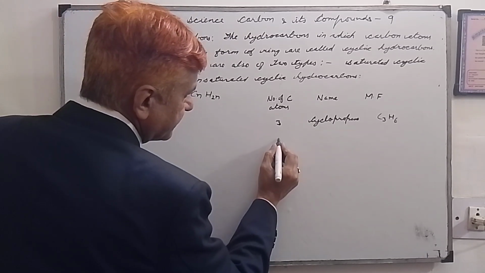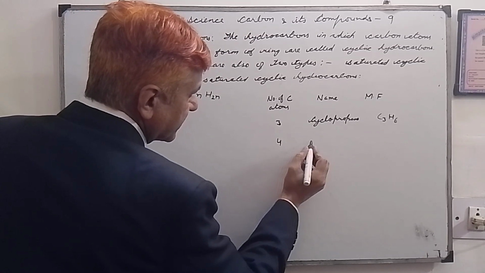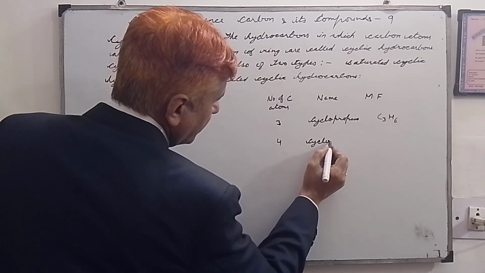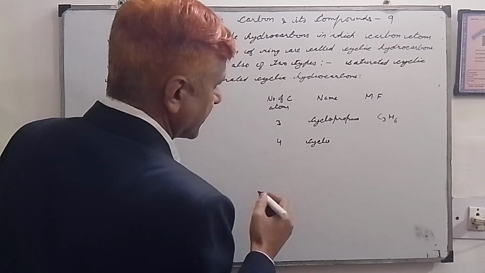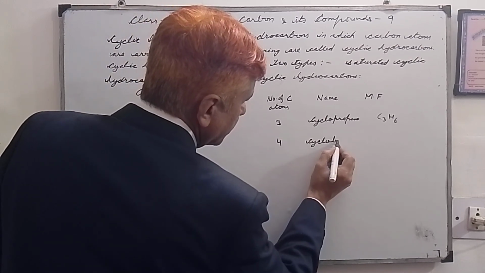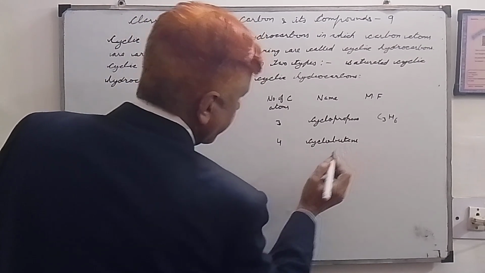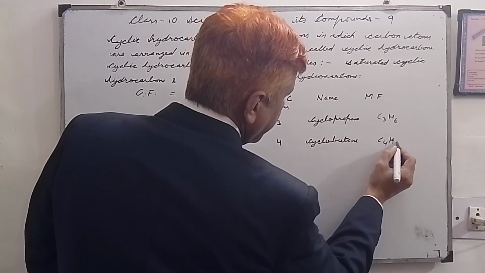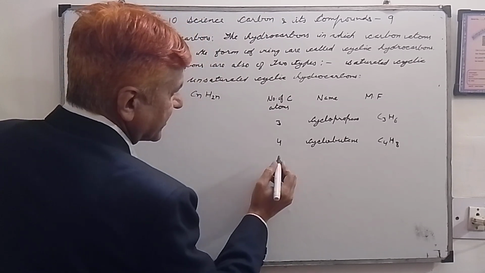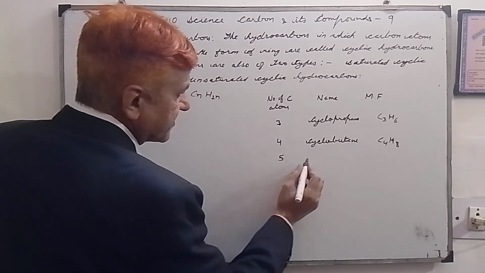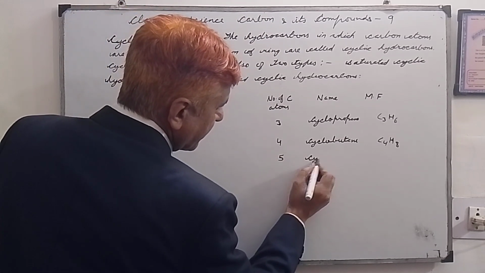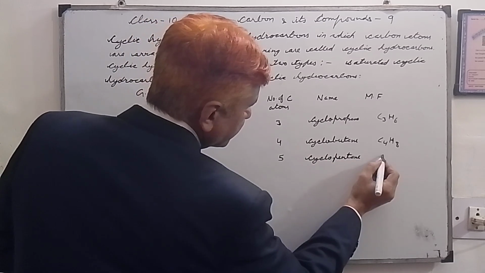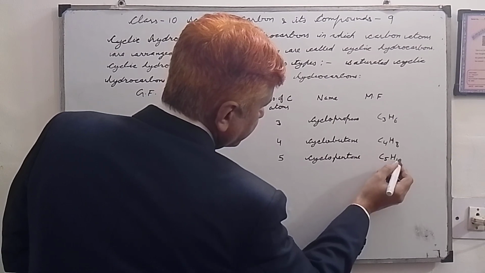Second member has 4 carbon atoms, cyclobutane, C4H8. Then n is equal to 5, cyclopentane, C5H10, and so on.